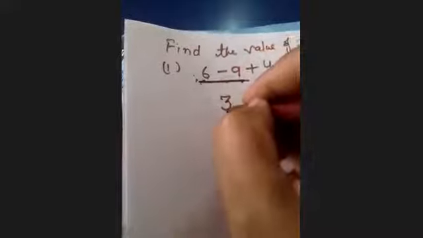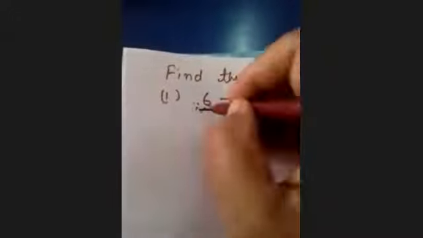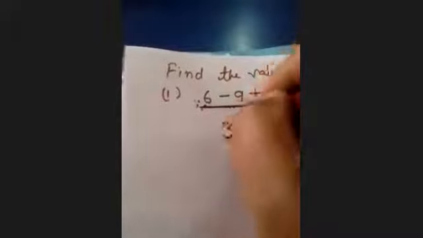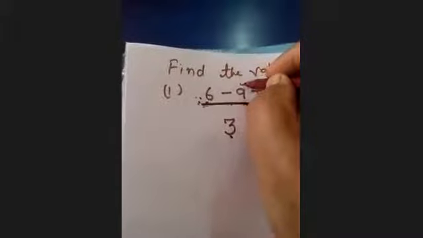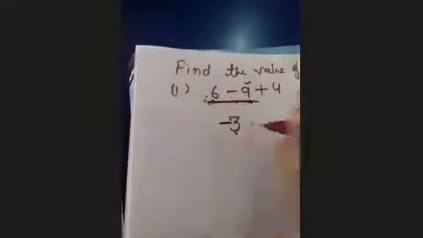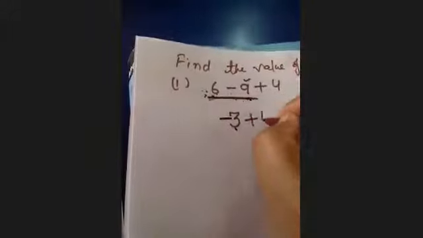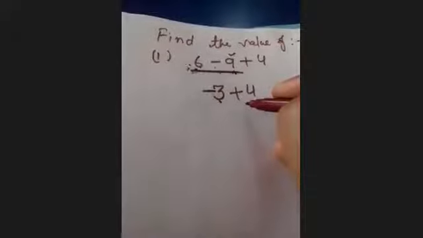Now, is it negative or positive? First, this is a positive integer, this is a negative integer. Our numbers are 6 and 9. Compare both. Greater is 9 and our greater integer is with a negative sign. So the result should be negative. Minus 3 plus 4. Plus 4 as it is.